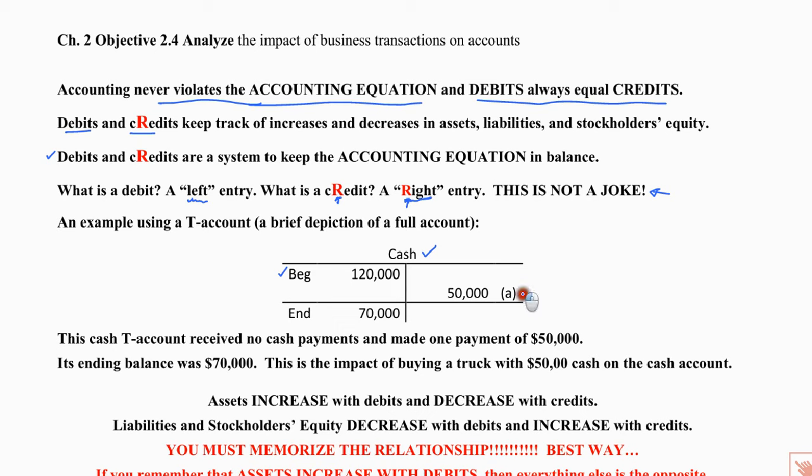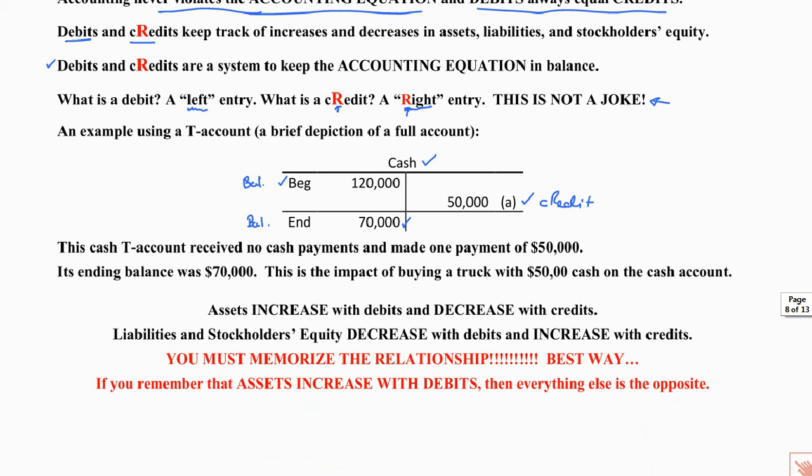When we make a payment, we reduce it with a credit. Okay? So 120,000 net of the 50 gives us a $70,000 ending, and we may also just say BAL for balance, but it's the ending balance. Here's a balance BAL beginning. All right. So that's the impact on the cash account.